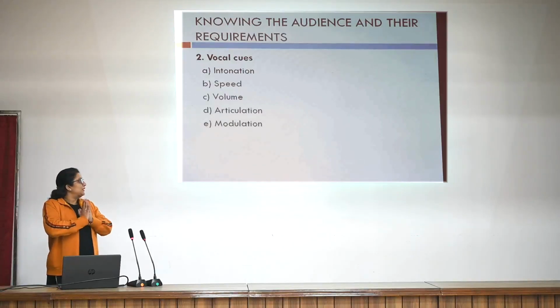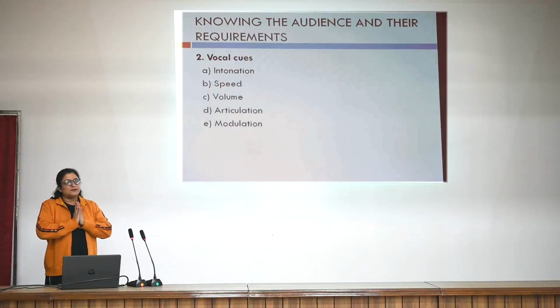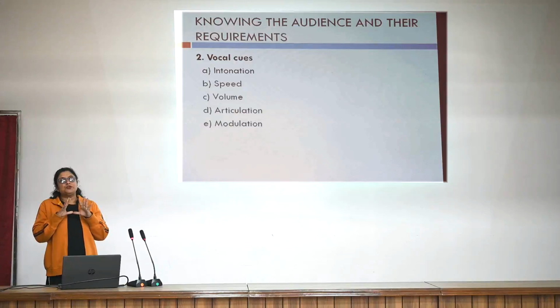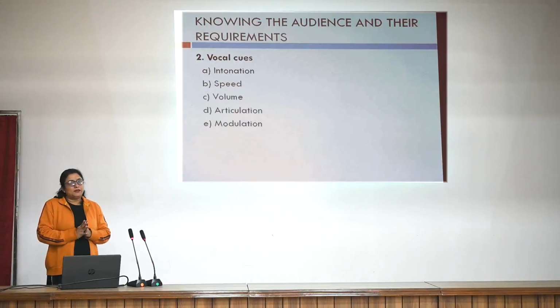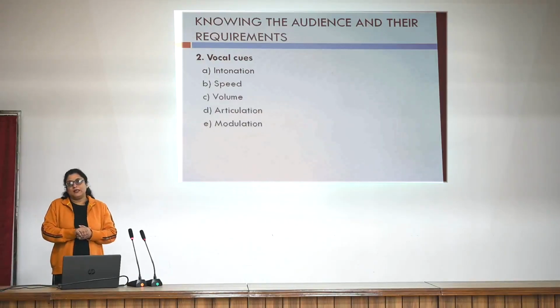Second is speed. You should not go at a very fast pace. Third is volume. No doubt your volume should be audible to the audience, but it should not be too high or too low. Next we have articulation.